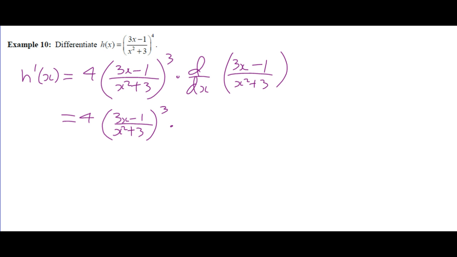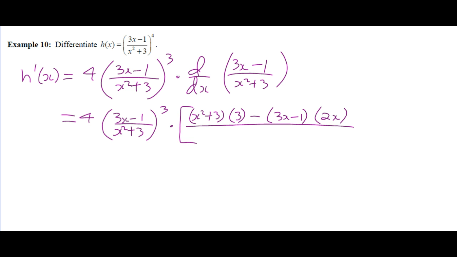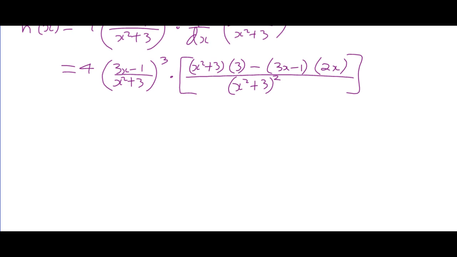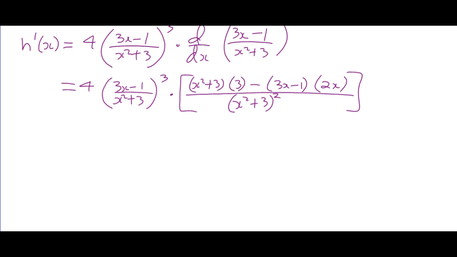Okay, so 4 and this. And now we got to do a quotient rule, right? So how does that work? It's the denominator times the derivative of the numerator minus the numerator times the derivative of the denominator over the denominator squared. Okay, so we just got to clean this up.